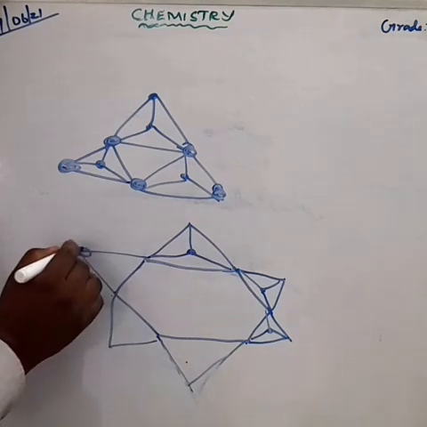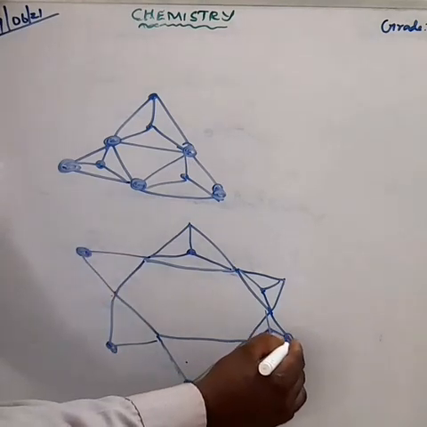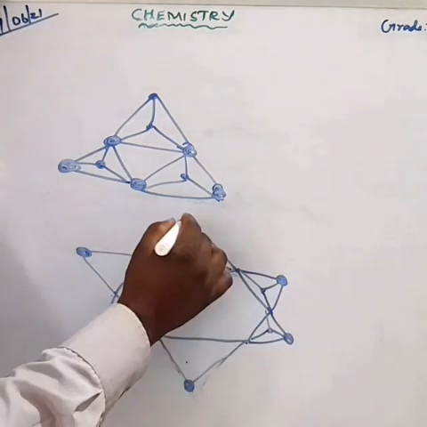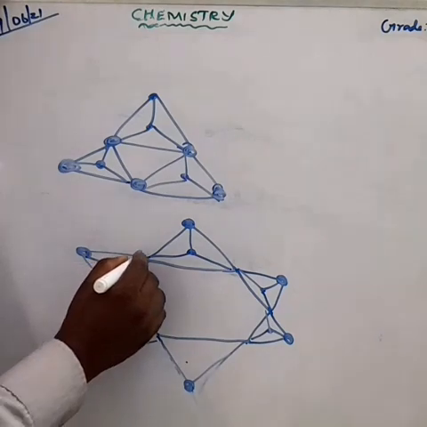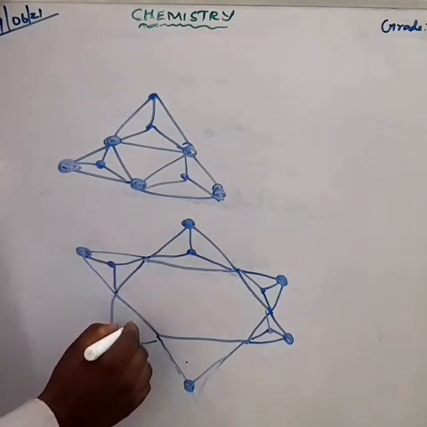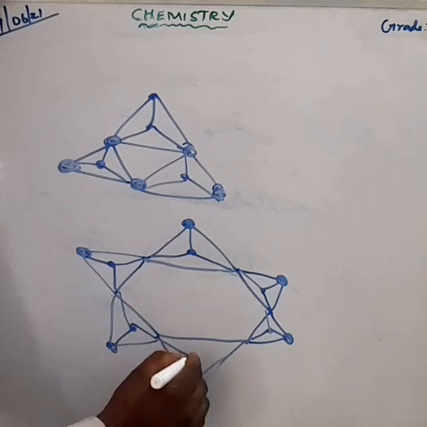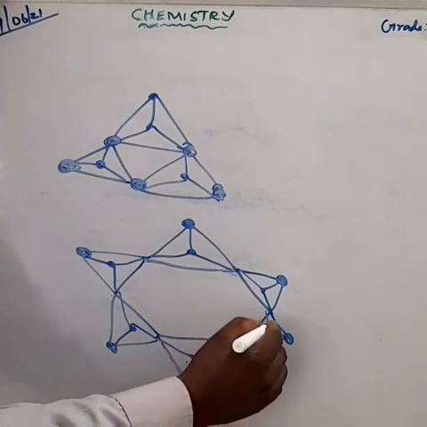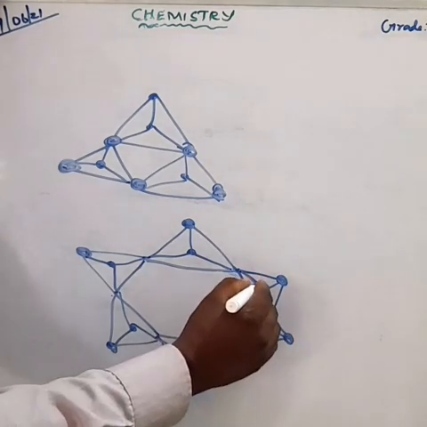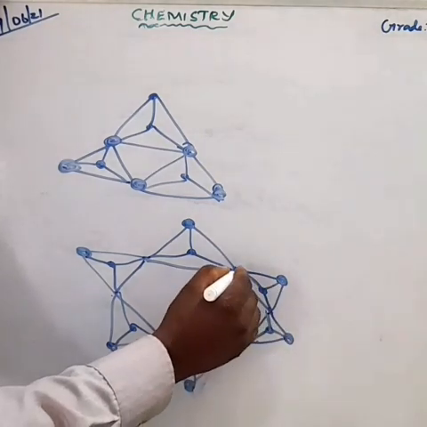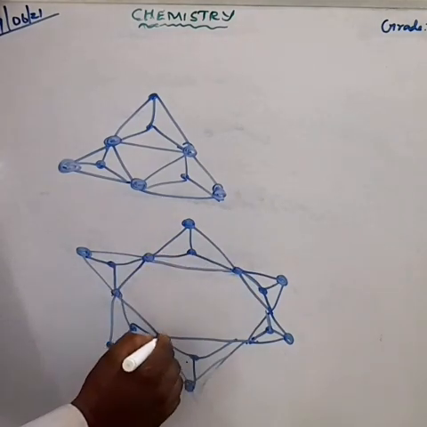Each corner has oxygen. In the middle, we mention silicon, joining like that. This is the diagram.